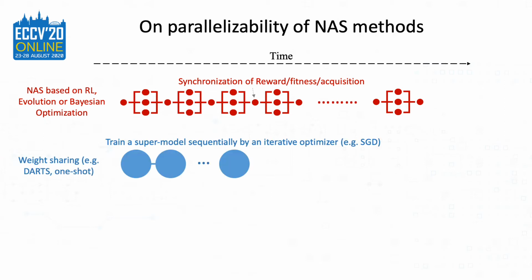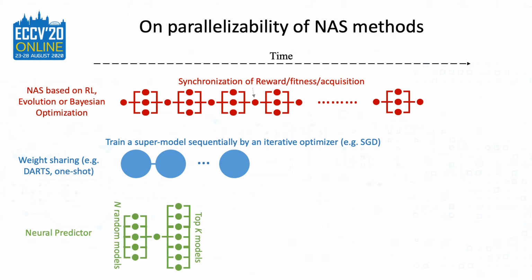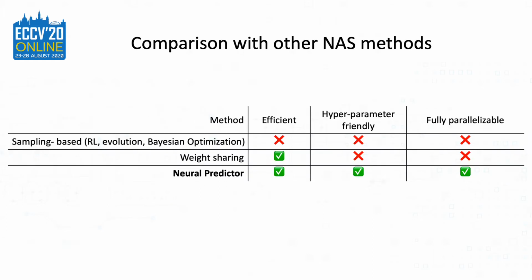Weight sharing is more efficient, but it trains a gigantic model sequentially using an iterative optimizer. However, in Neural Predictor, the most computationally intensive components of the method are fully parallelizable. Those components are training n random models and training top K predicted models.